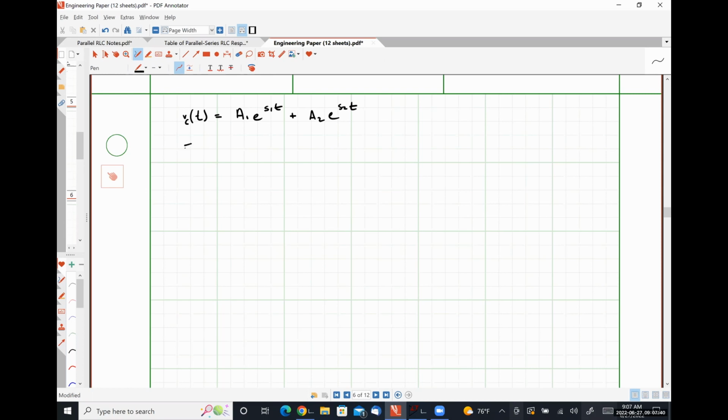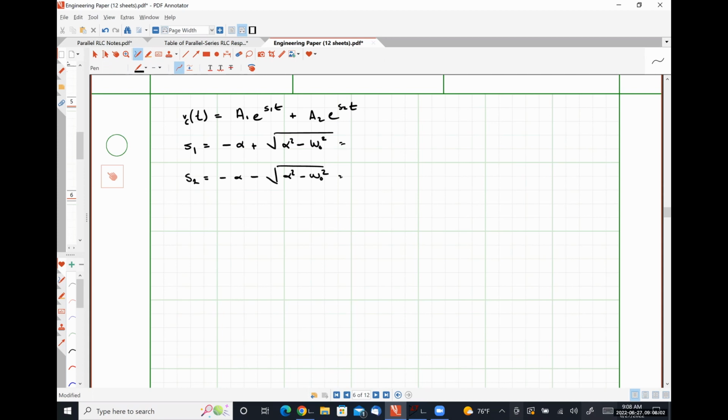So we need to calculate S1, which is negative alpha plus the square root of alpha squared minus omega naught squared. And we'll also need to calculate S2, which is given by negative alpha minus the square root of alpha squared minus omega naught squared.